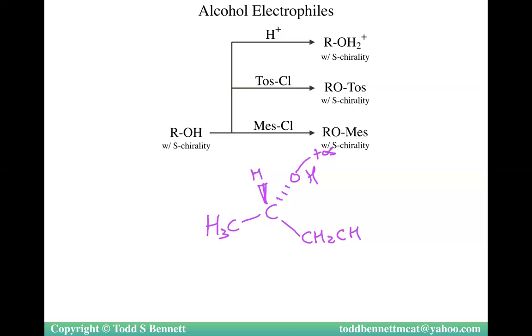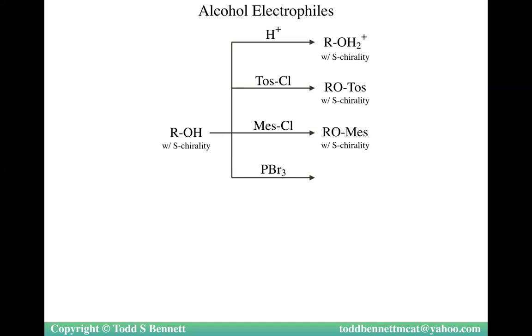For the next grouping I'm going to add PBr3. This one does something a little bit different. So here, let me go back to drawing my molecule over here. I have my H3C, my CH2, my H in front, and my OH here. With PBr3, weird as this may be, O is going to attack the P, just like everything else.